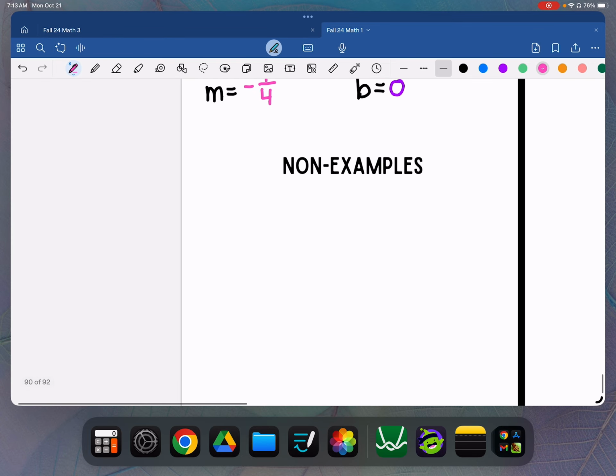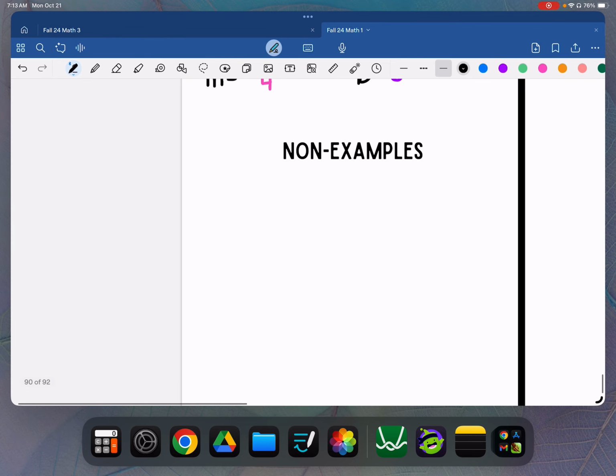Now, non-examples: what do I see that's not linear? We're eventually going to get into all different types of functions. What happens if I have a square, like y equals 4x squared? That's not linear because it has an x squared. That's called a power function, or a quadratic, because it has an exponent.